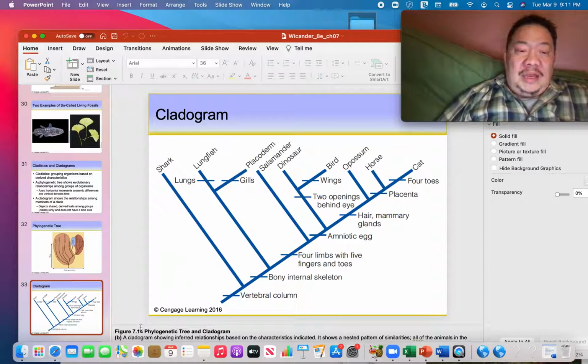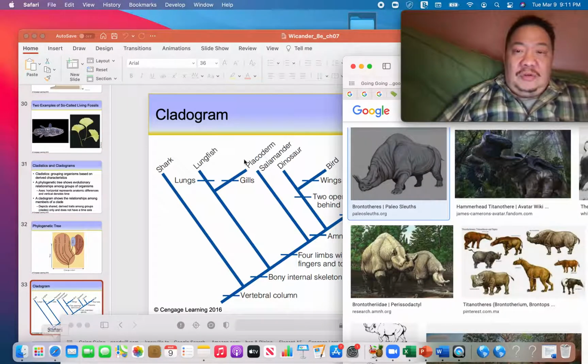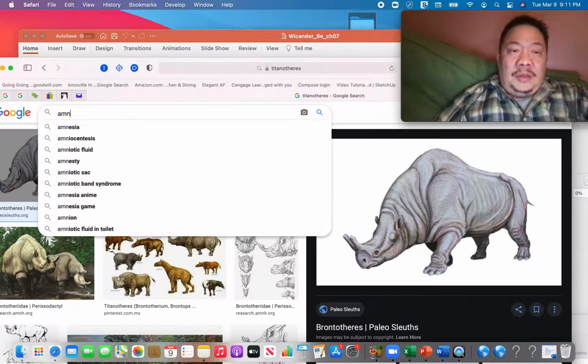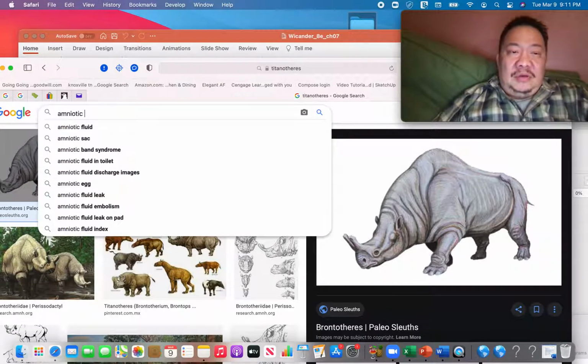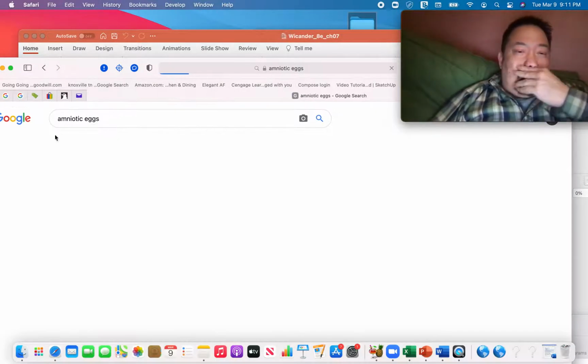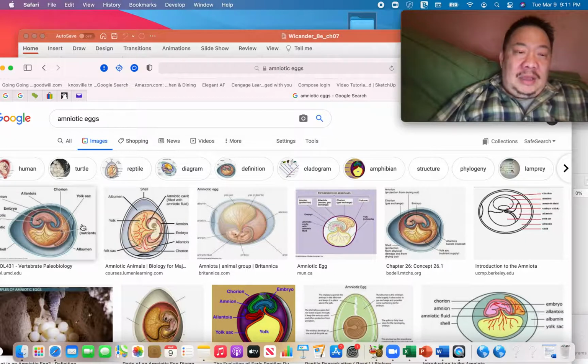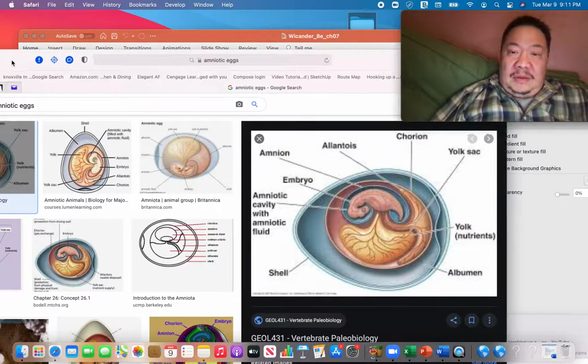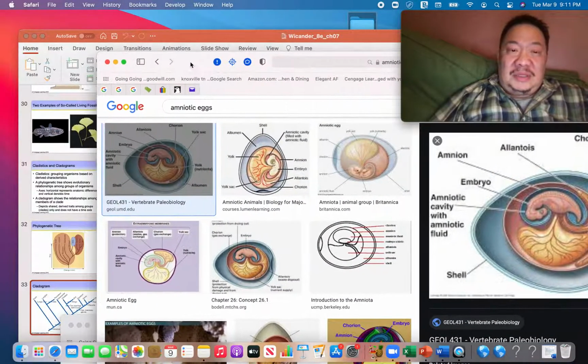What is an amniotic egg? We'll talk more about it later, but I'll just introduce you to it here. When you were in your mother's womb, I know you don't remember it, but you grew up in an amniotic egg. And there was this thing called the placenta.